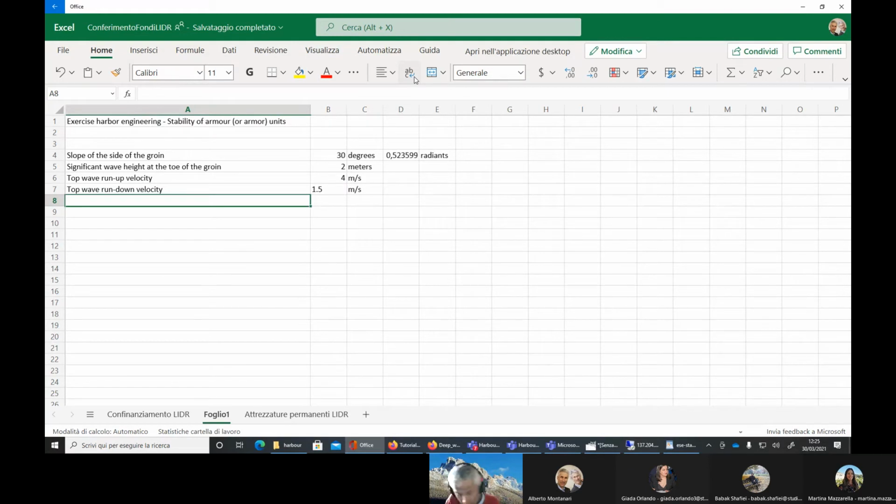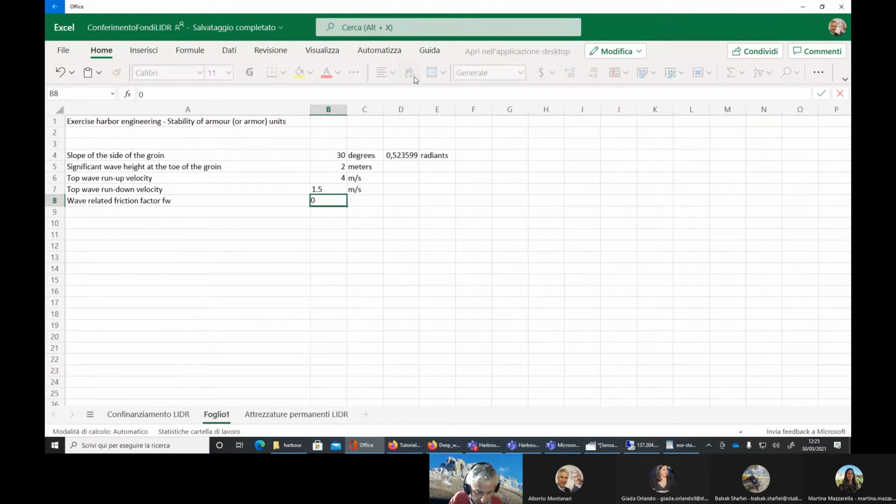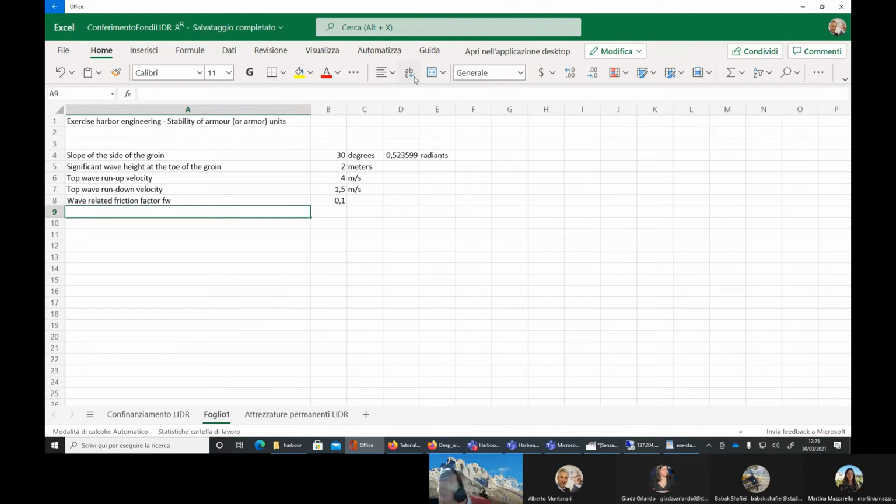And then there is the wave-related friction factor FW, and this is 0.1. Sorry, I see in this cell I need to use the comma as a decimal separator. Okay, very good. Now we have the density of seawater.